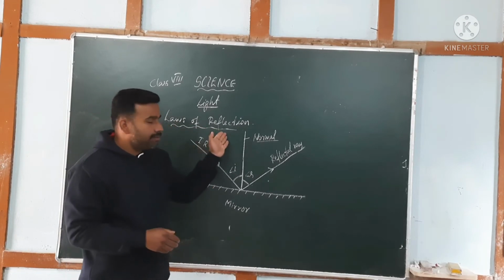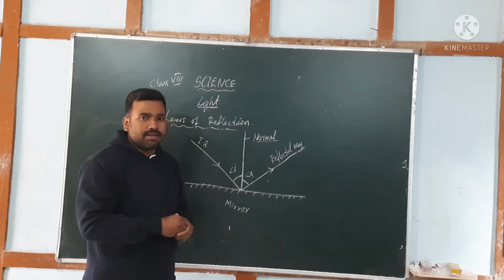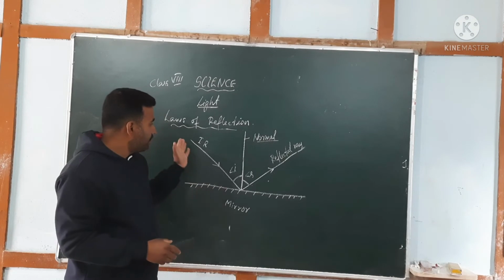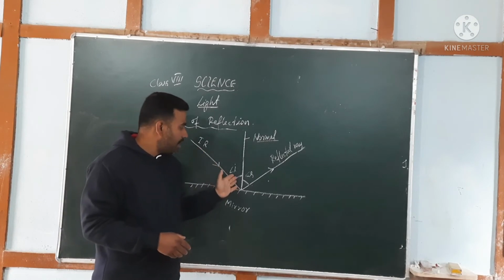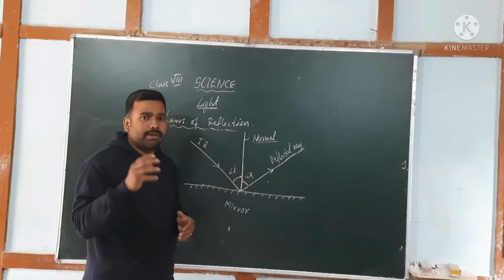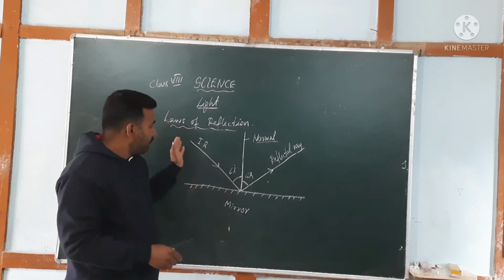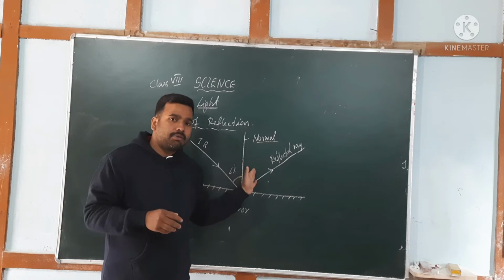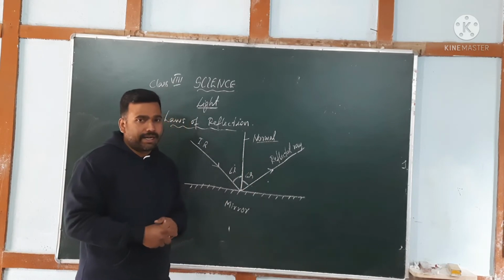So that is the first law of reflection, which says that the angle of incidence and the angle of reflection will be equal. The angle of incidence will always be equal to the angle of reflection.